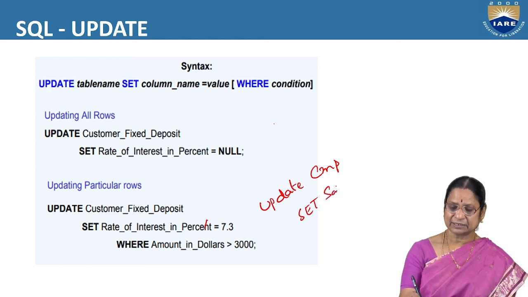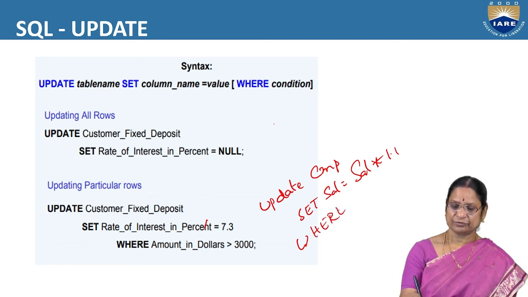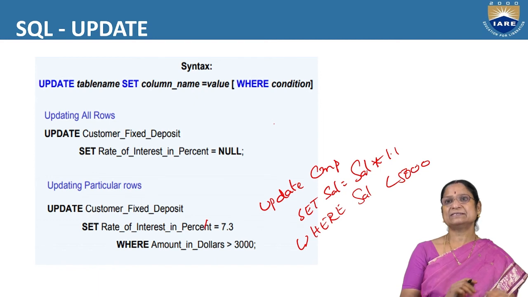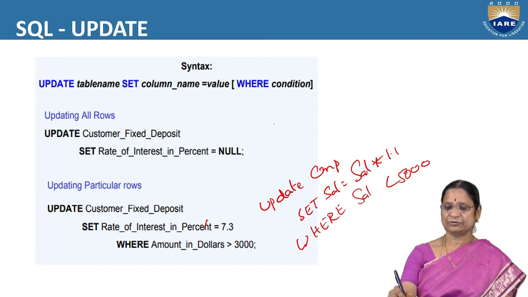Then: set salary is equal to salary star 1.1 where salary less than 5,000. This is going to happen.